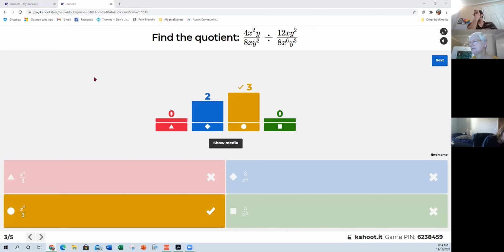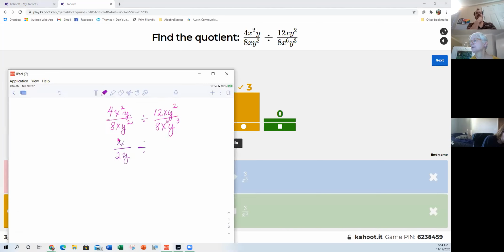Okay, so on this one, most of y'all got this, but let's just talk about it anyway. I just went ahead and simplified the first fraction. And then I'm going to multiply by the reciprocal of the second fraction.